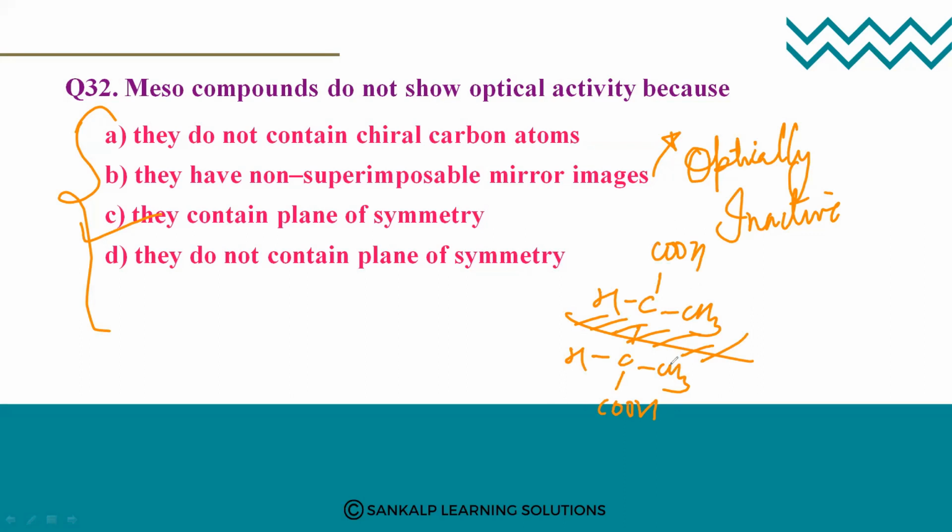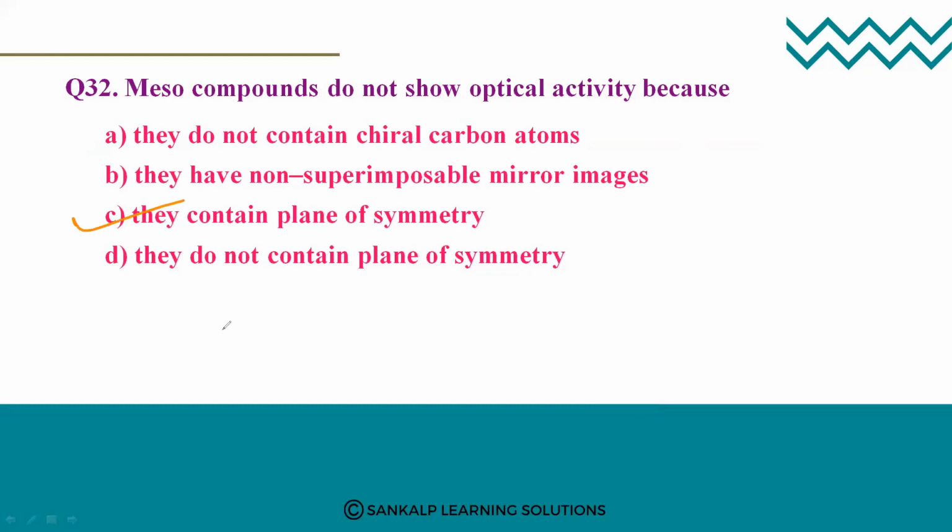So because of the plane of symmetry, they do not show optical activity. It is optically inactive. So option number C, they contain a plane of symmetry. So this is the correct answer. Good. Okay, so we'll go for the next one.